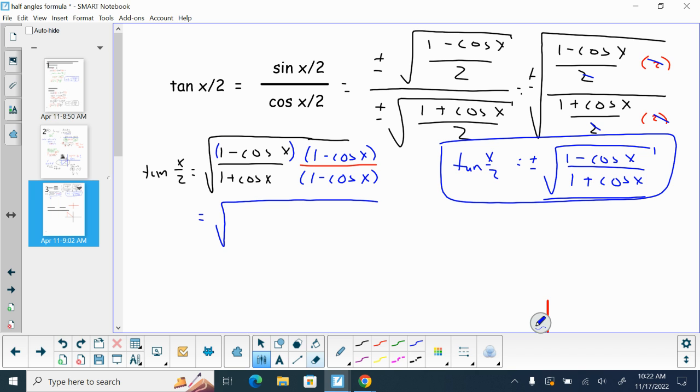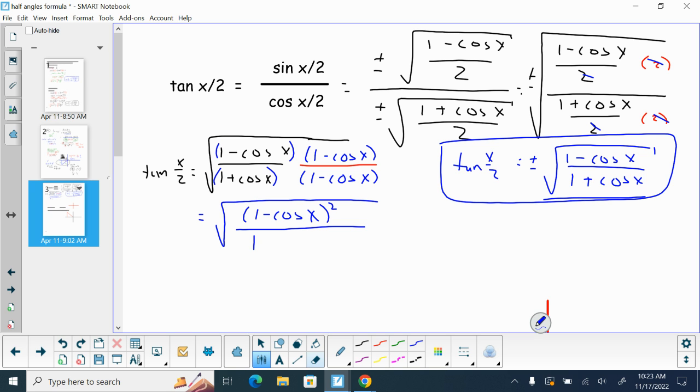So on top I have 1 minus cosine x times 1 minus cosine x, which is 1 minus cosine of x squared. On the bottom, I have 1 plus cosine x times 1 minus cosine x. If we would FOIL this out, we'd have 1 times 1, which is the value of 1.